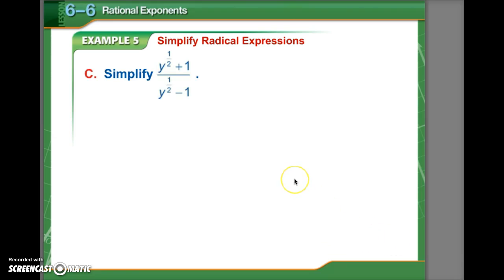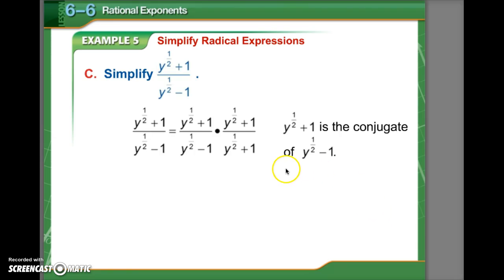Okay, for part C, this one probably is a little bit scarier to you. We have y to the 1/2 plus 1 divided by y to the 1/2 minus 1. And I'm pretty sure we're going to be using conjugates on this problem to simplify it. All right, this gets pretty scary and intimidating right here.